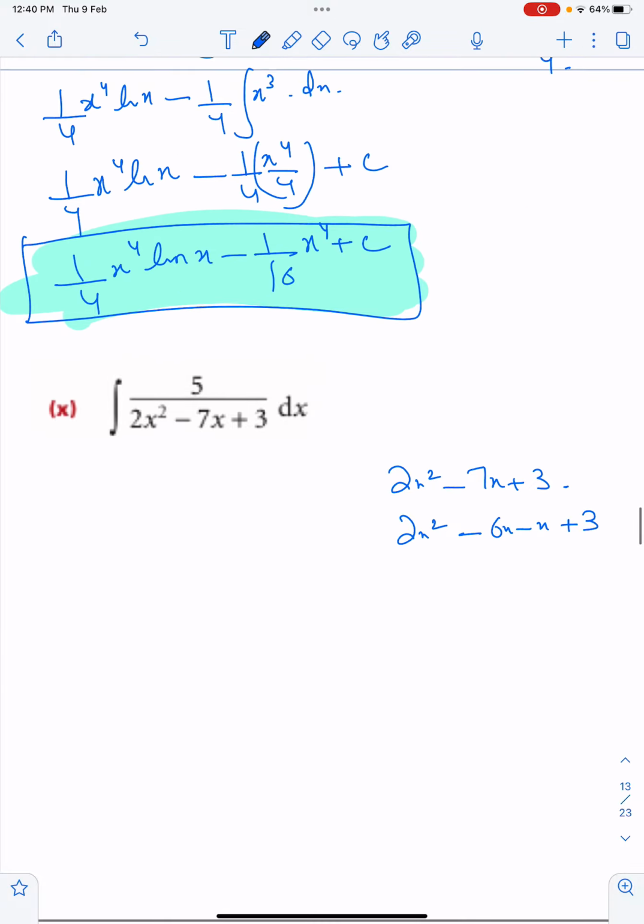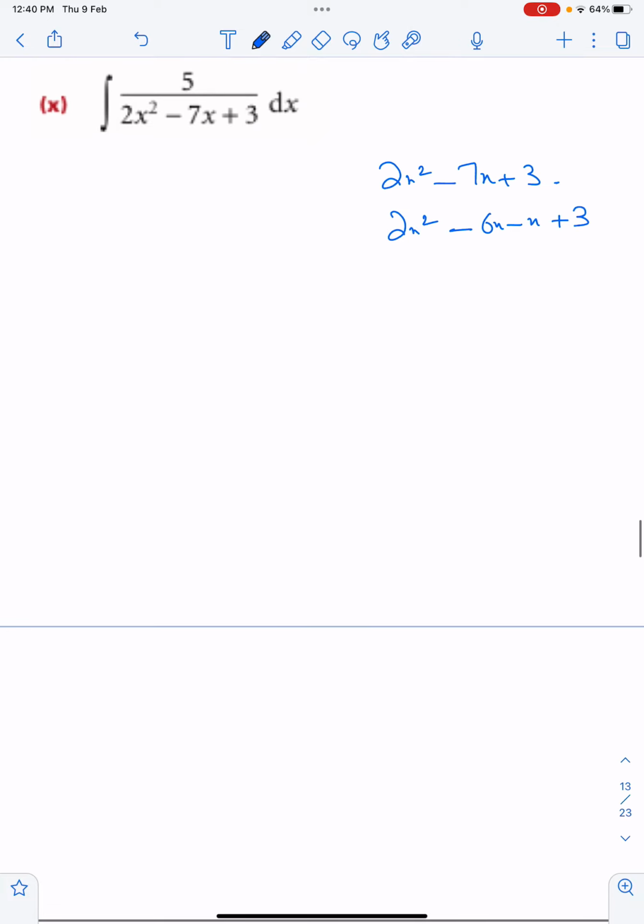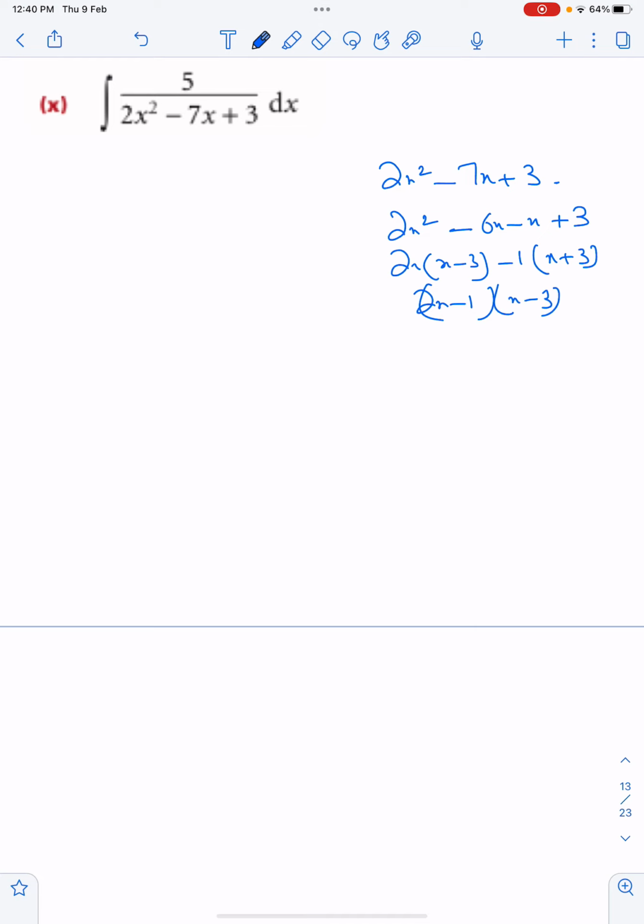If I take out 2x as common, I'll be left with x minus 3, minus 1 as common, x minus 3. One bracket is 2x minus 1 and the other bracket is x minus 3. So I can write it as the integral of 5 upon (2x minus 1)(x minus 3) dx.